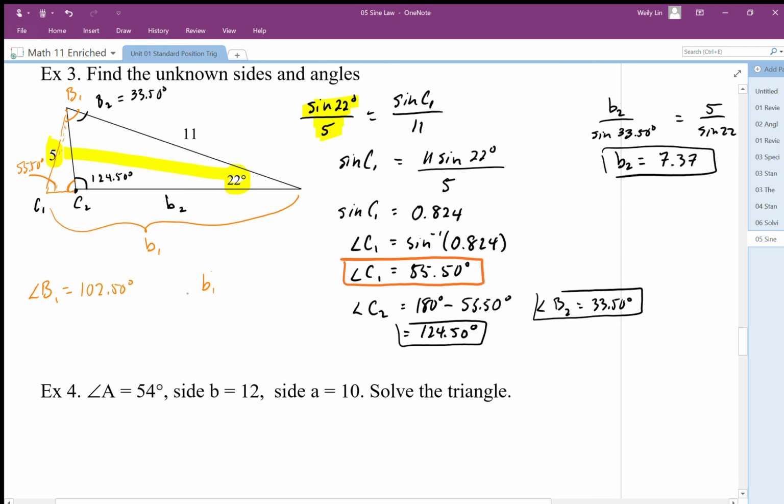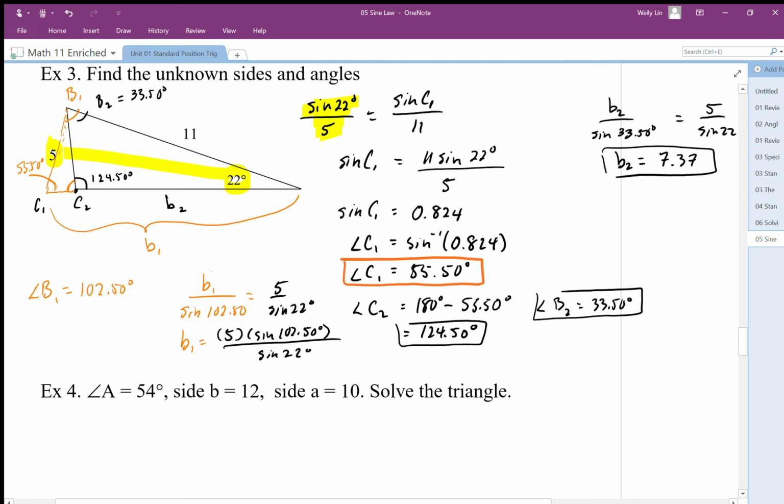I'm going to write the relationships. B1 over sine of 102.50 degrees. Remember, we have our angle and opposite side pairing, and that's equivalent to my original angle and opposite side pairing, 5 over sine of 22 degrees. So B1 is equal to 5 times sine 102.50 degrees over sine of 22 degrees.